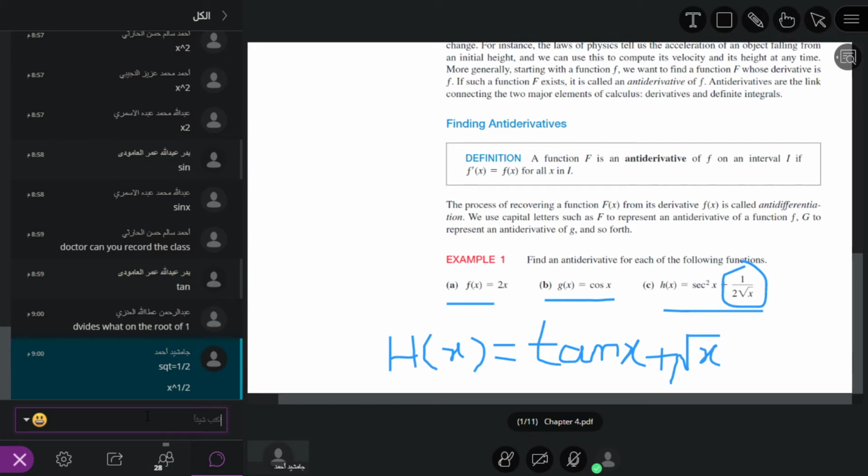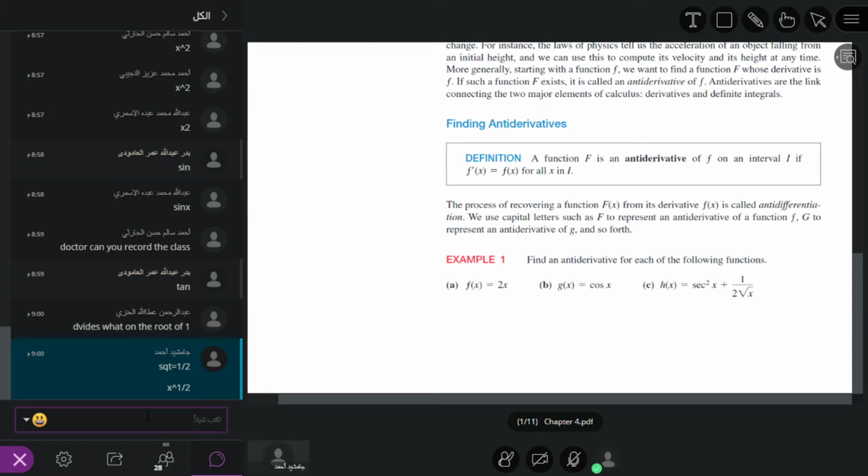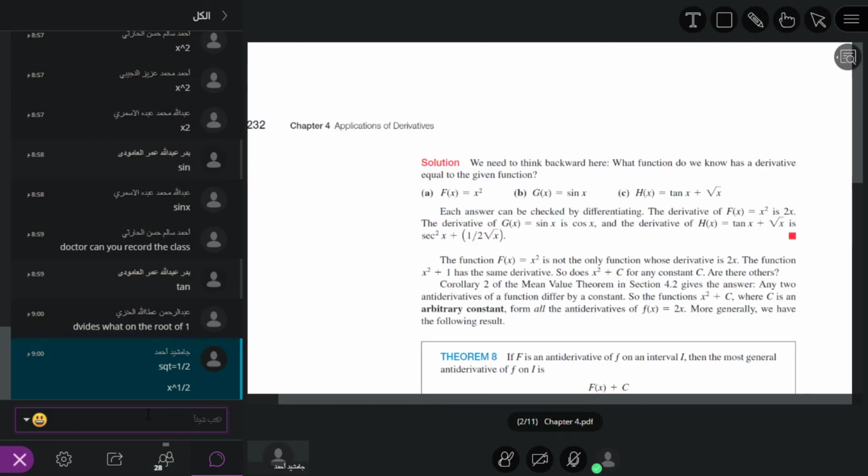So this basically, I again repeat, antiderivative comes from the derivative concept, because here we know that the derivative of x square is 2x. So the antiderivative of 2x is x square. Here if you see, the answer is given here.